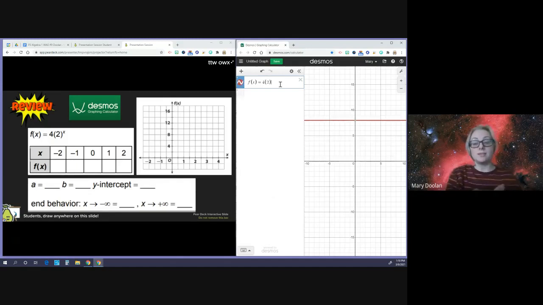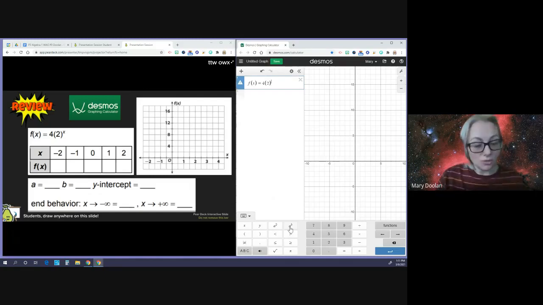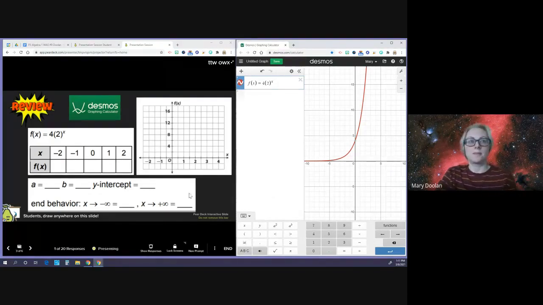And then to get to the exponent location, you have a couple ways to do that. One is to click on show keypad and then click the a to the b button. Another is to, on your keyboard, type Shift 6. And then that'll give you that little upwards arrow, which will make you go up to where you can type the exponent of x. Right? So this is what you should get. I need you to do this right now. Okay? Everyone should be doing this.